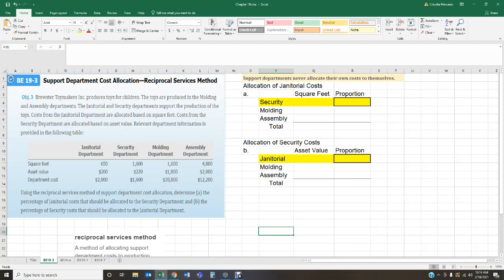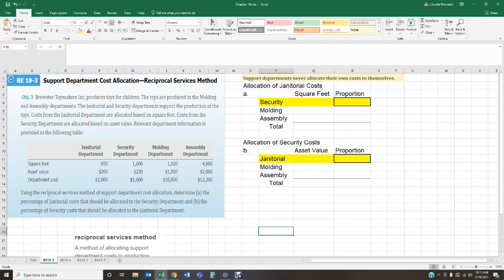Okay. So before we begin, it's very important to know that support departments never allocate their own costs to themselves. If you notice, we've got the janitorial, security, molding, and assembly. For requirement A, they're asking us to calculate the percentage of janitorial cost that should be allocated to the security department.